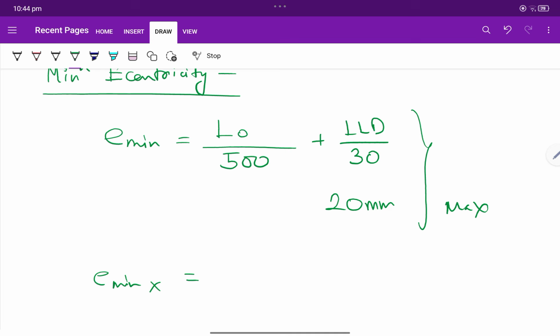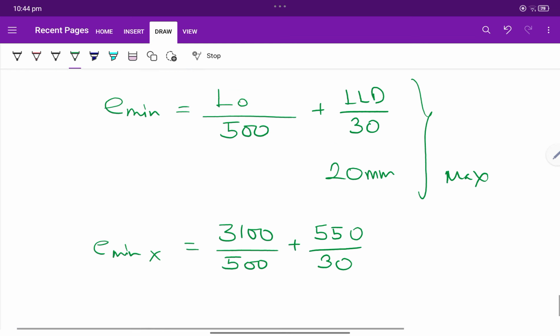First for the x direction, the L effective, or L naught, will be the same: 3100 divided by 500 plus the lateral dimension for the x direction, 550, divided by 30.